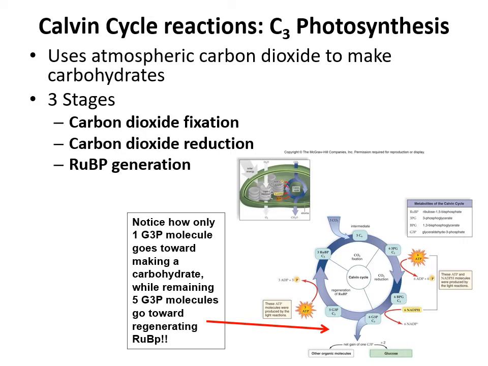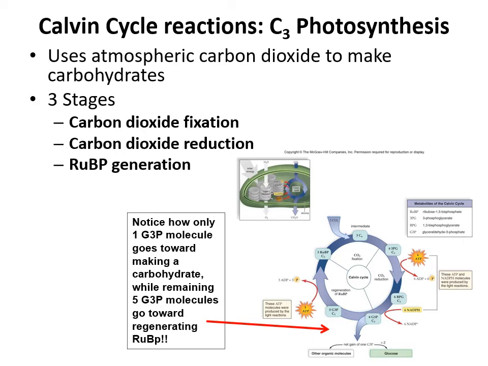They go into carbon dioxide reduction, and each of them are reduced into what's called G3P, and that's using NADPH and ATP. Now again, these terms you do not have to memorize. I'm just going through it in case you encounter it in your readings. But again, this is not biochemistry, so I won't quiz you or test you on the terminology of 3-PG going into G3P or any of that.